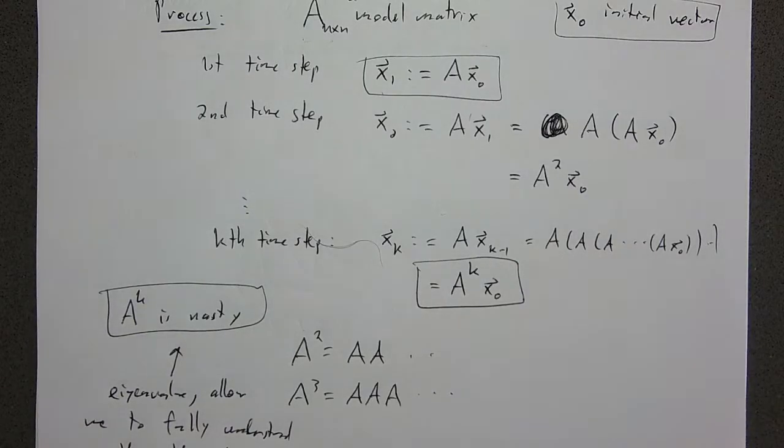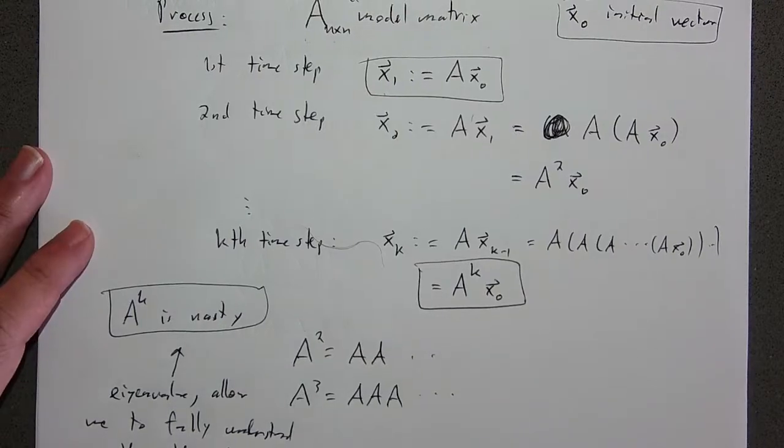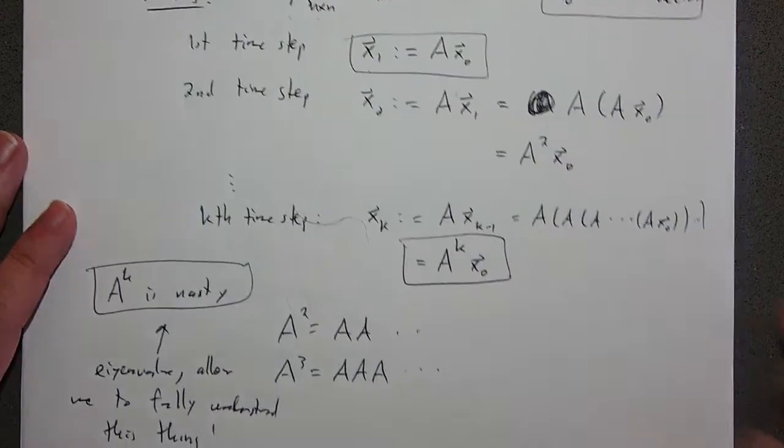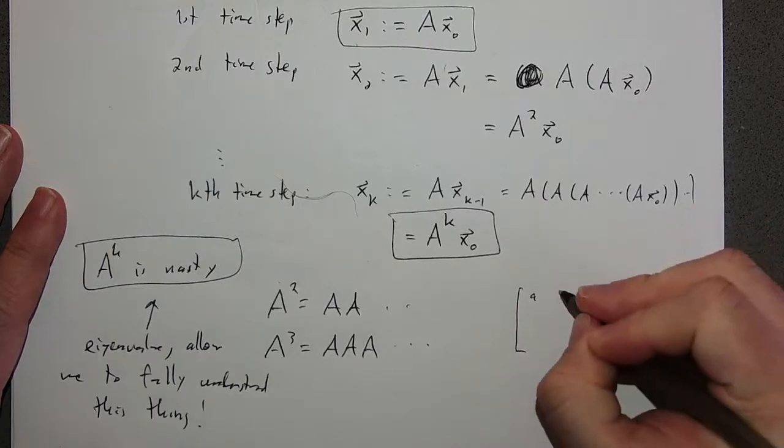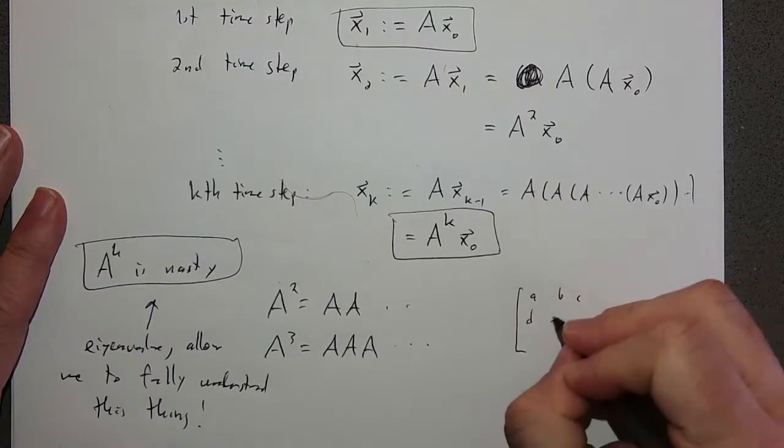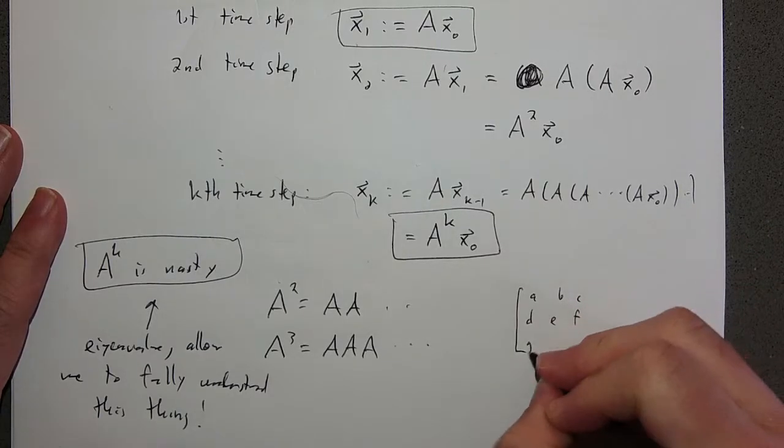It would be far too tedious, but the point is that even when you have a 3 by 3 and you are trying to compute powers of it, you can just try it. I'm just going to shorthand the notation here. Here's my 3 by 3.